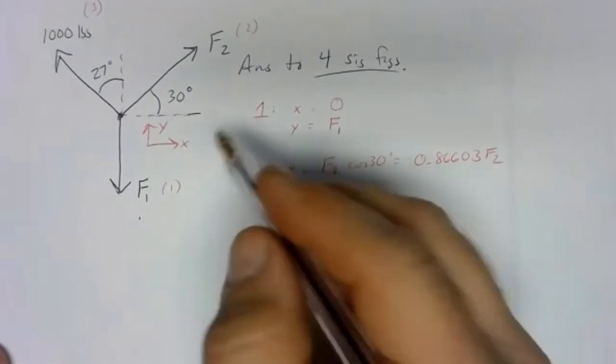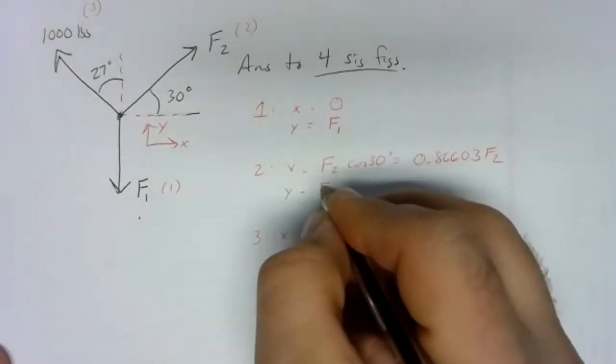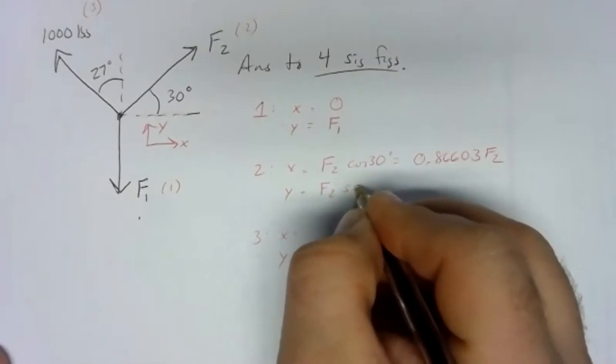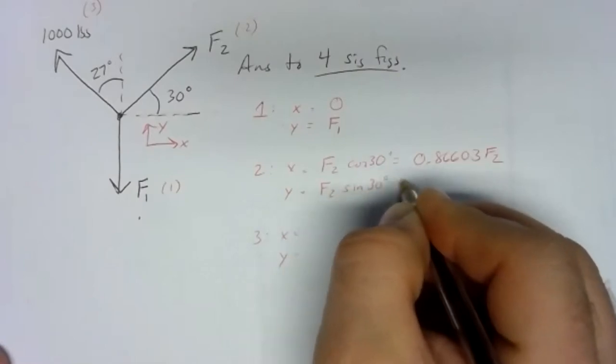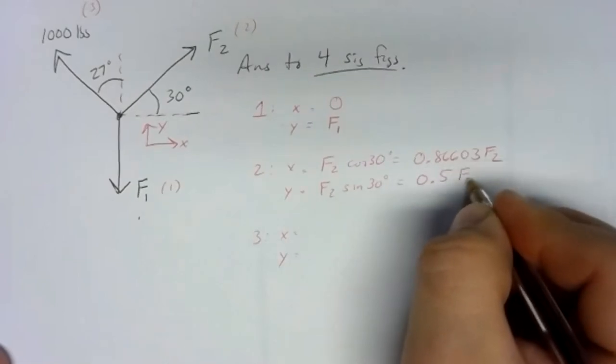And then for the y component, that's the opposite side. Opposite goes with sine. So we'd have F2 sine 30 degrees, or 0.5 F2.